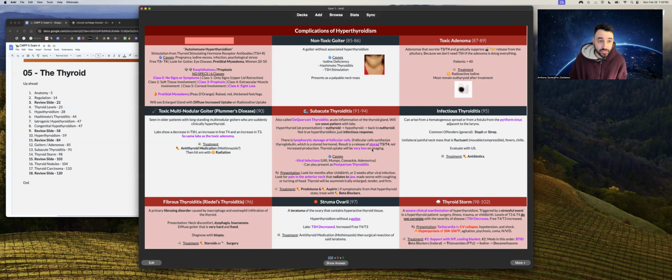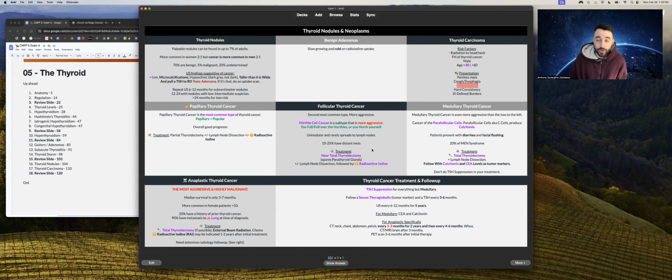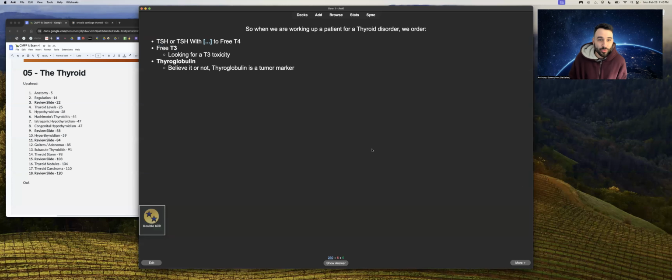This is going to be Graves' disease, where you get that exophthalmos and that proptosis. Upper right here, we have thyroid carcinoma. Oh, man. Hoarseness. Let's go. So when we are working up a patient with thyroid disorder, we order TSH or TSH with reflex to T4. So I think that's like free T3. I think if these come back abnormal, the lab just automatically checks a T4.